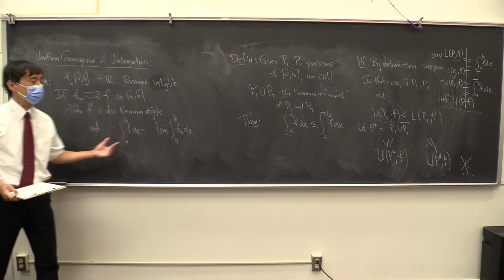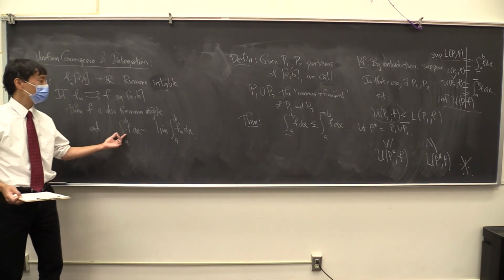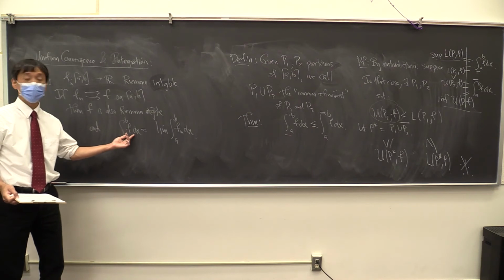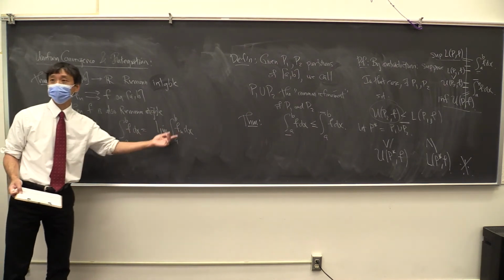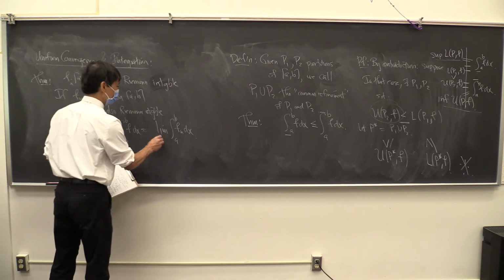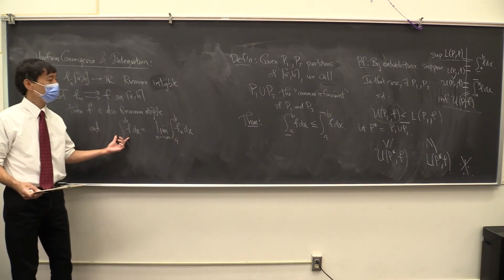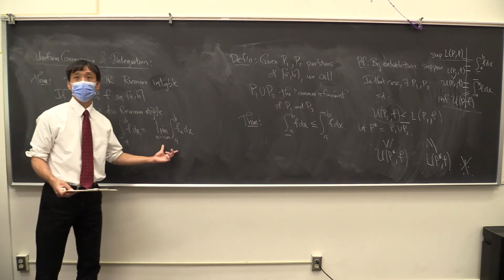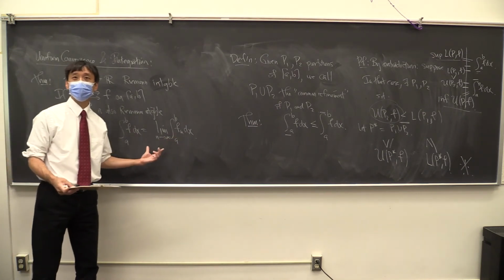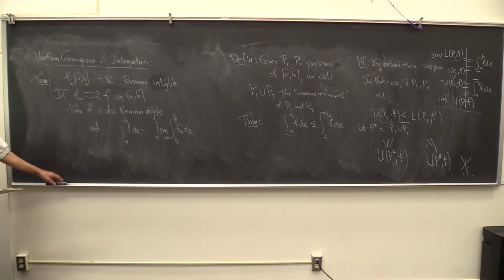Okay, so this is one of those commutation results, right? The integral of the limit of the f sub n is the limit of the integrals of the f sub n. You can take the limit first and then integrate it, or you can integrate each one and then take the limit, and you're always going to get the same answer, as long as you have uniform convergence.